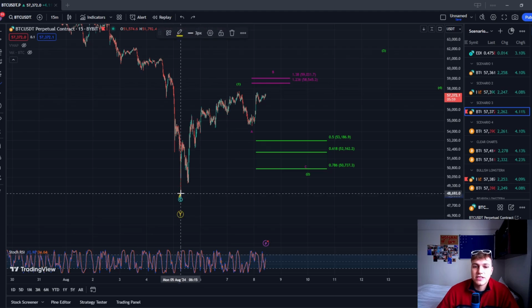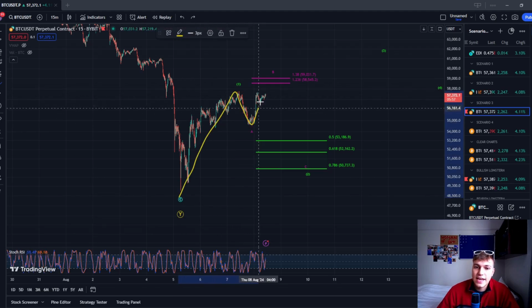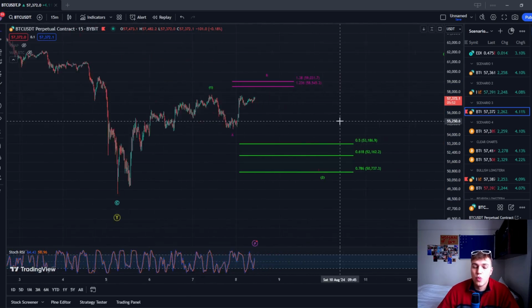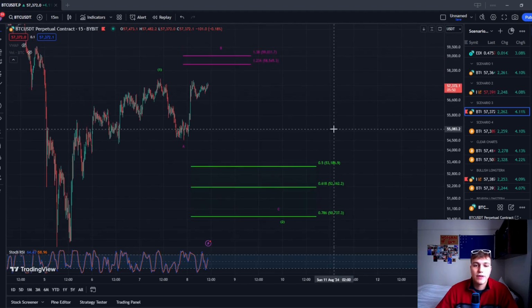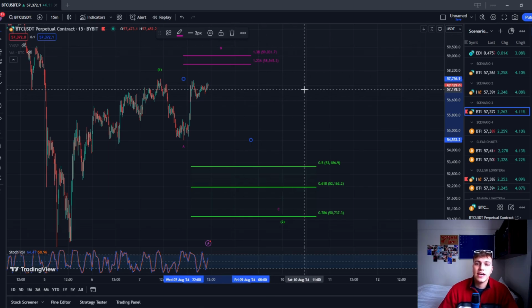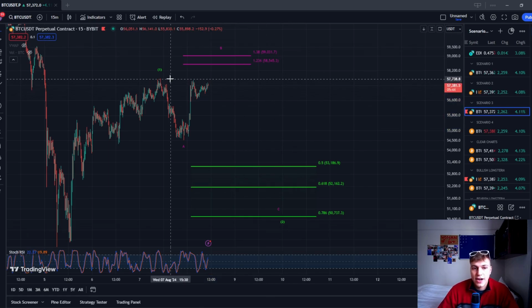On the 15-minute time frame, we have this A, B, C structure. Now, as this is a B wave, I would not trade a B wave. B waves can extend very high. This can even extend to the 1.618 or fall short and not even take this high. So just be careful with B waves. So for the 15-minute, I say no trade.